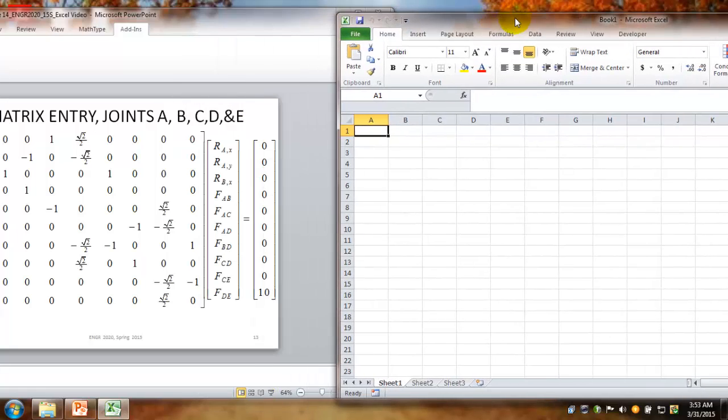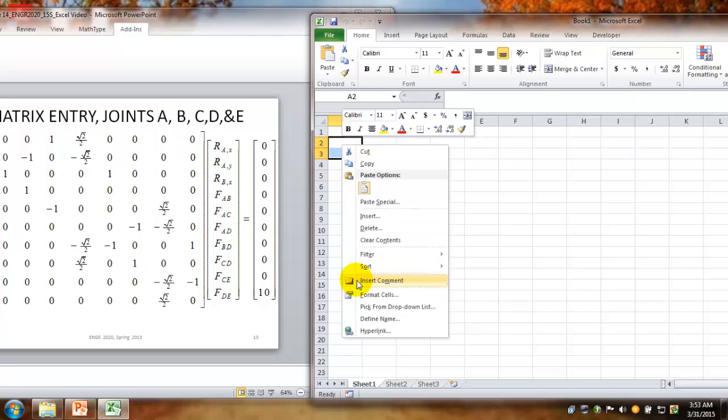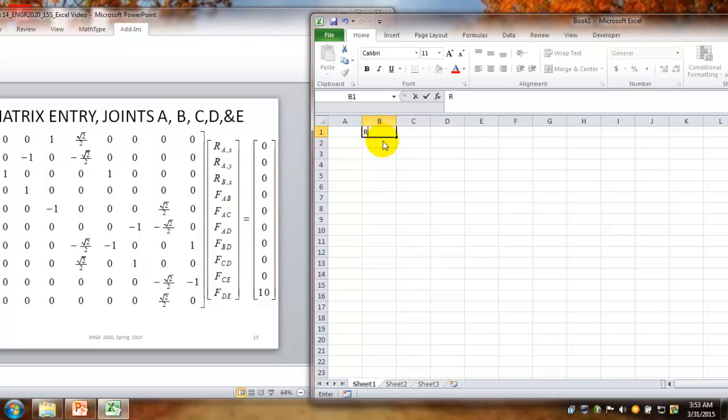So first and foremost, let me write it this way: r sub ax, r sub ay, r sub bx, f sub ab, f sub ac, f sub ad, f sub bd, f sub cd, f sub ce, and f sub de.